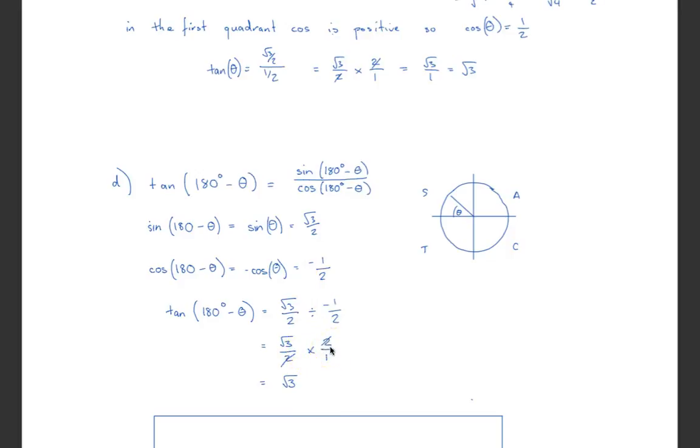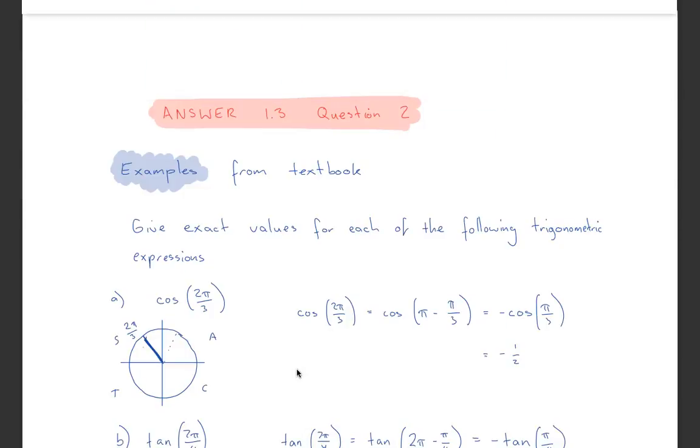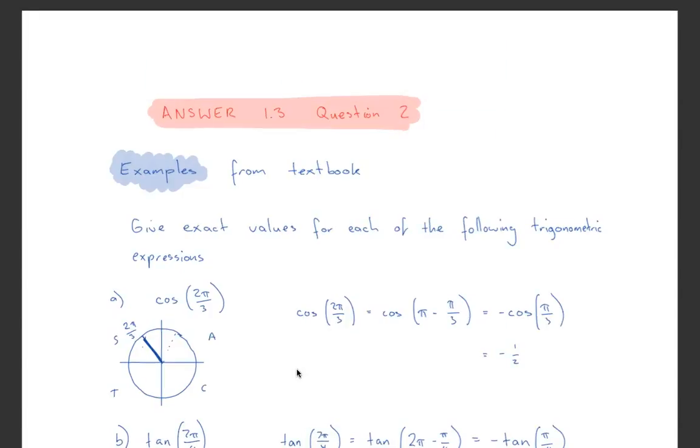Oops, I've somehow gotten rid of a negative there. I should have kept the negative here and carried it down here, which makes sense because we should have a negative tan value in that quadrant. So this should be negative the square root of 3. Okay, so you should be able to answer question 2 from 1.3.